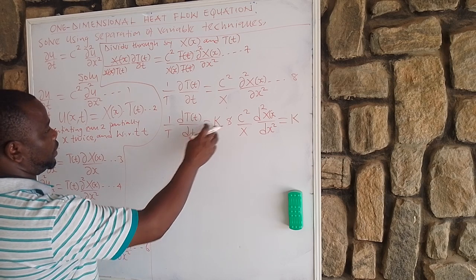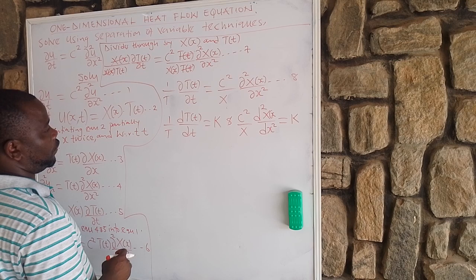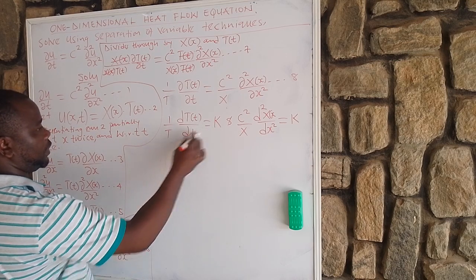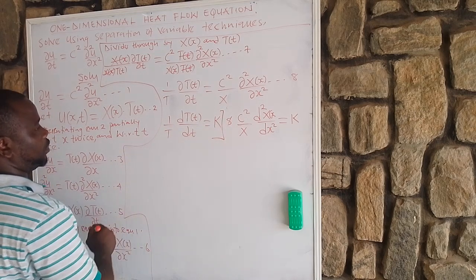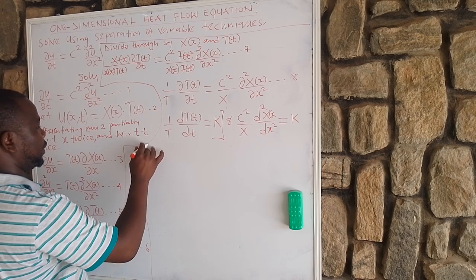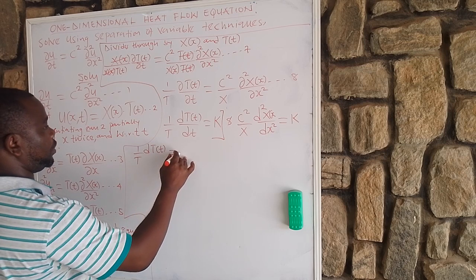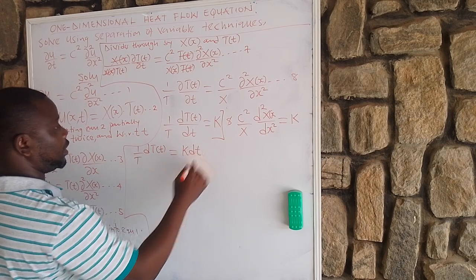So at this point, we'll cross multiply. If we cross multiply, we are going to have, let us consider this equation first, 1 all over T, dT of t will now be equal to k dt.